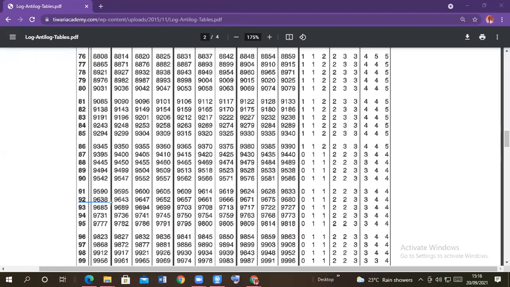Any question? No. Okay, so that is the first column of 0. Second column of 1, 2, 3, 4, 5, 6, 7, and 8.